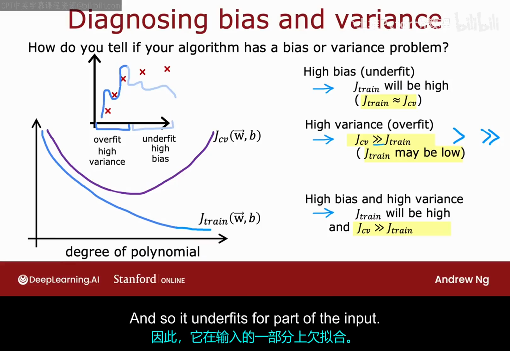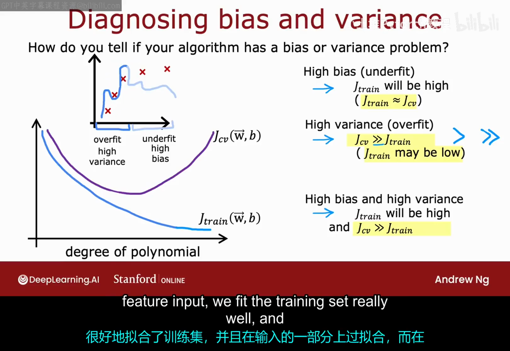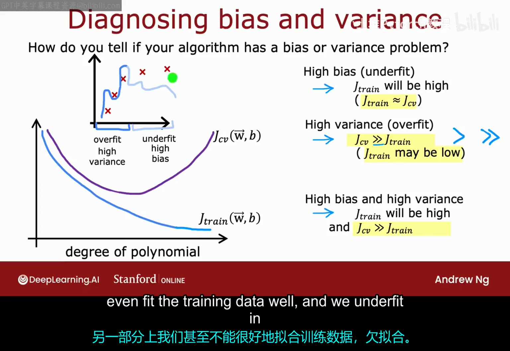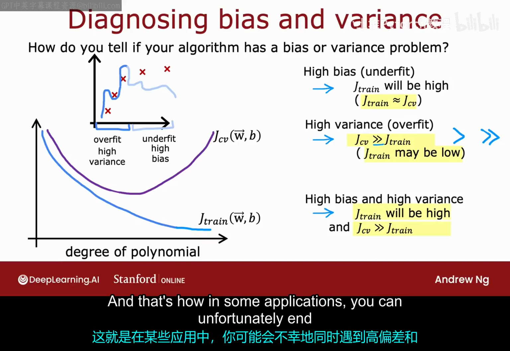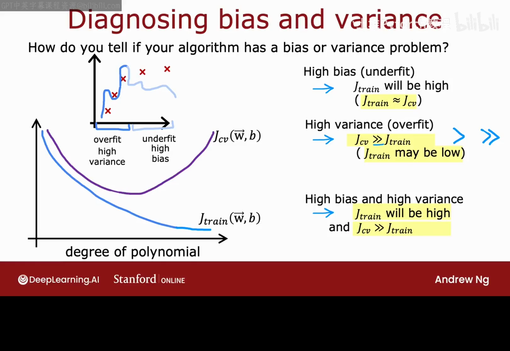And so it underfits for part of the input. In this example, which looks artificial because it's a single feature input, we fit the training set really well and we overfit in part of the input. And we don't even fit the training data well and we underfit in part of the input. And that's how in some applications you can unfortunately end up with both high bias and high variance.